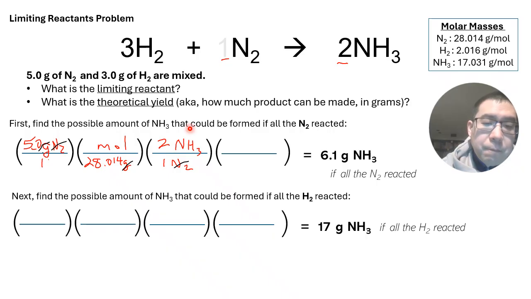Now we have NH3, and we want to get from moles of NH3 to grams of NH3. So we're going to multiply by the molar mass of NH3, 17.031 grams per mole of NH3. And so what happens now is our moles and our moles cancel. What do we have left? We have grams of NH3.